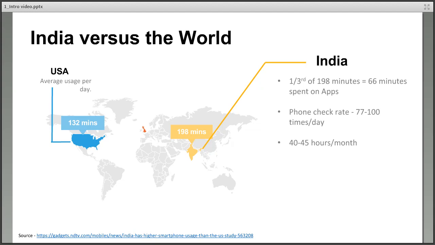Also, an average Indian checks his or her phone 77 to 100 times a day, which means that it gives you about 100 windows or openings in a day to give push notifications or advertisements to your average consumer, which also suggests that a consumer spends 40 to 45 hours a month online, out of which one third is spent on the apps.